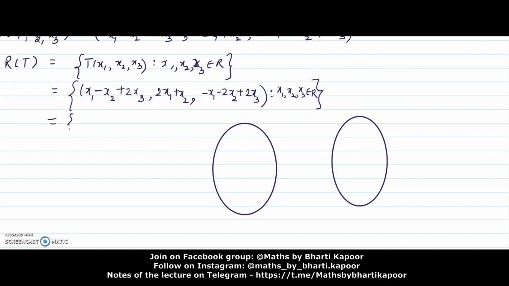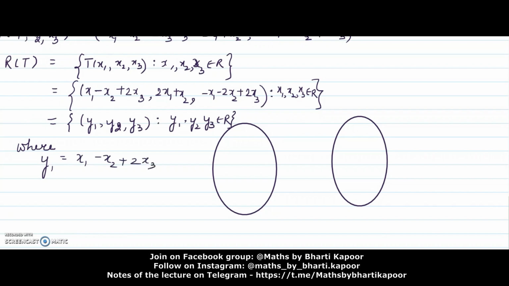Can I write this equal to y1, y2, y3, where y1, y2, y3 are real numbers, where y1 has been written in place of x1 minus x2 plus 2x3, y2 is equal to 2x1 plus x2, y3 equal to minus x1 minus 2x2 plus 2x3.